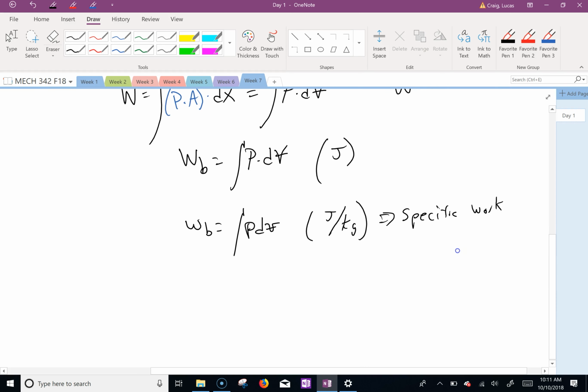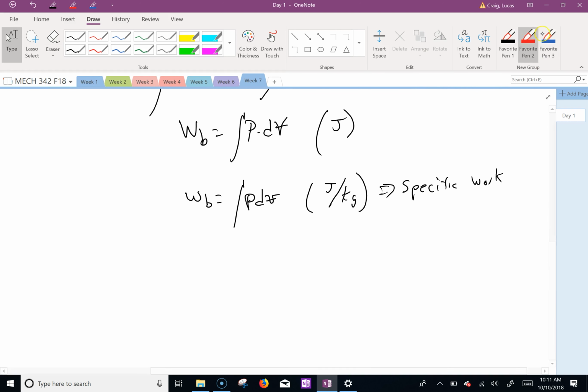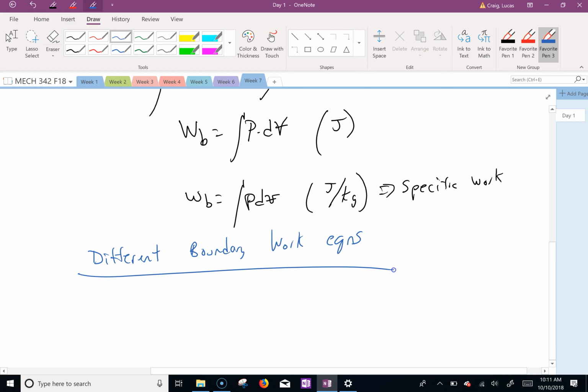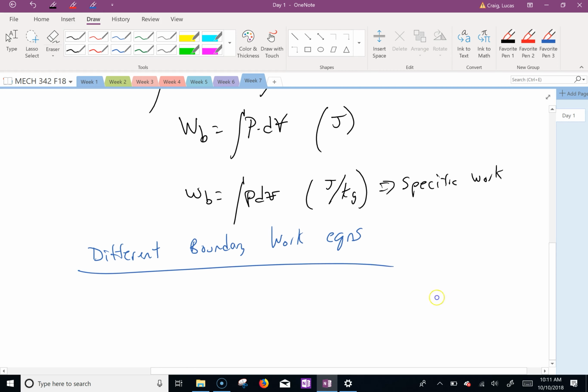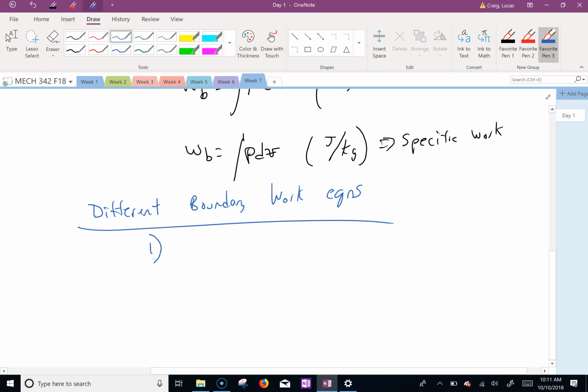All right, so let's get into a couple of things. We're going to dive more into the boundary work, the different boundary work equations. First case, pressure is constant.